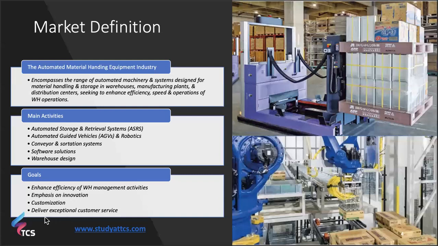And another goal is to deliver exceptional customer service. So, when delivering customer service, there are separate departments which look into customer support, especially because these devices cannot work without appropriate software in place. Just because you have the software and the devices, it doesn't mean that your operations will significantly improve.